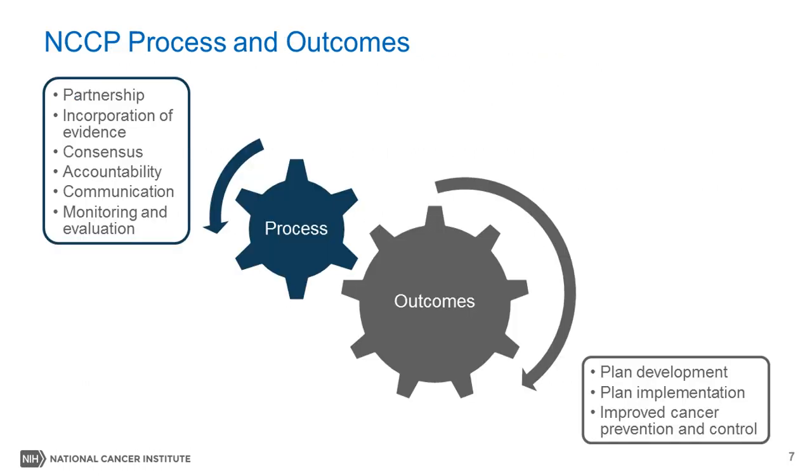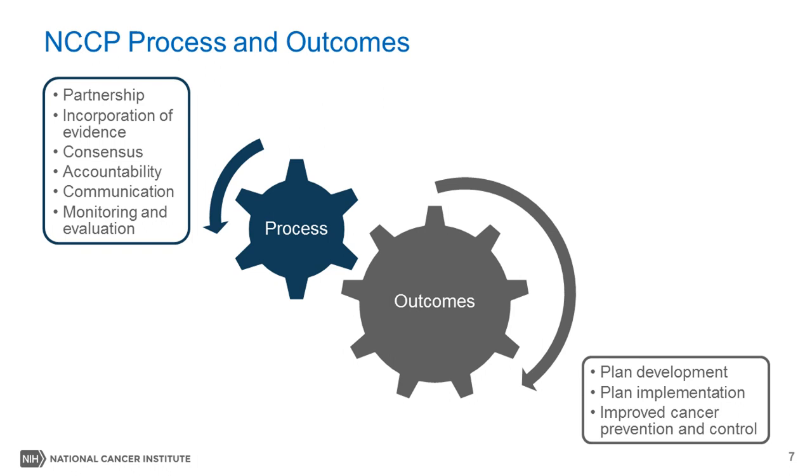ministry. So we see the NCCP process and outcomes is really coming hand in hand. So you can't really have the outcomes without getting the process right. And the process involves cohesive partnerships, making sure that evidence is incorporated, developing consensus on the path forward, ensuring accountability for players to play their part, good communication, and most important, monitoring and evaluation to understand whether you're on track with what you intend to achieve.